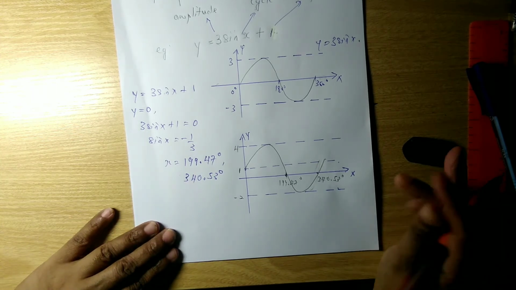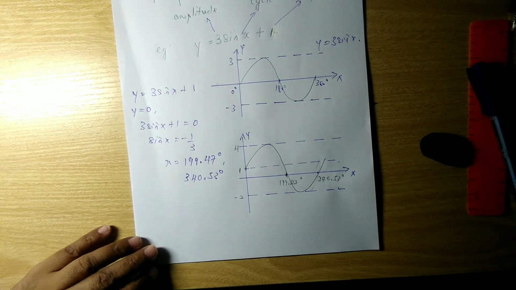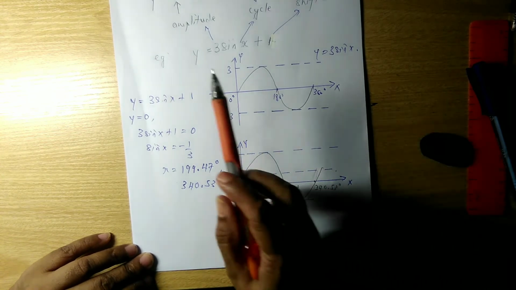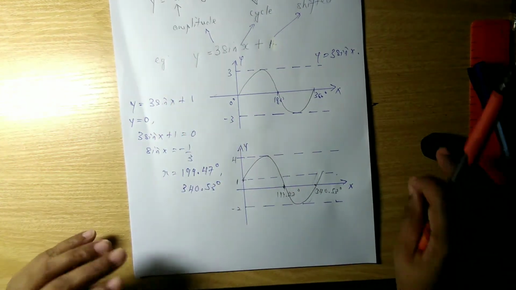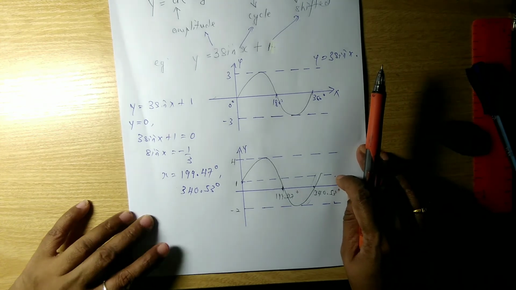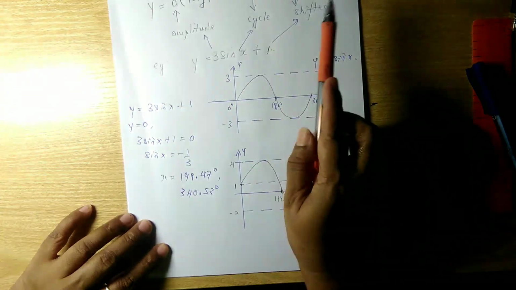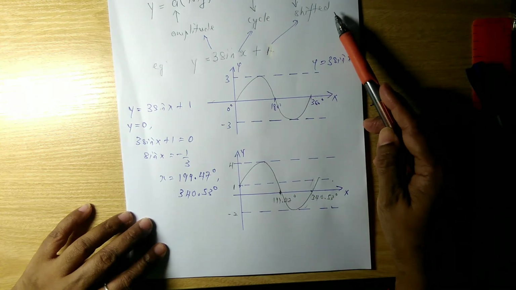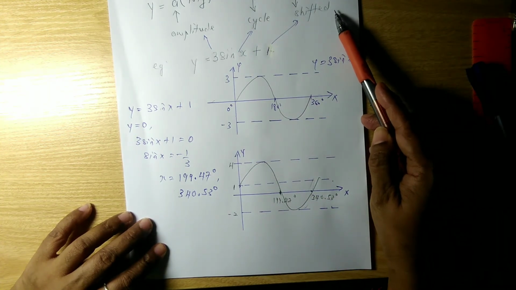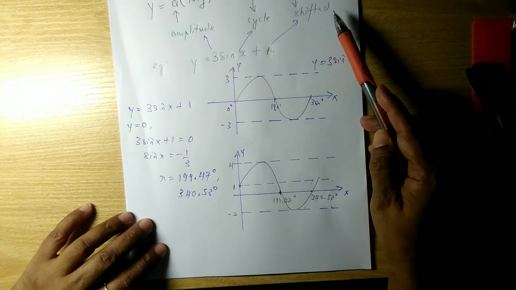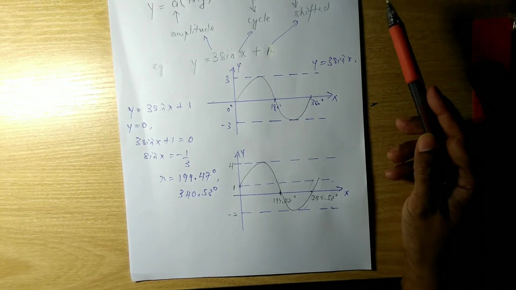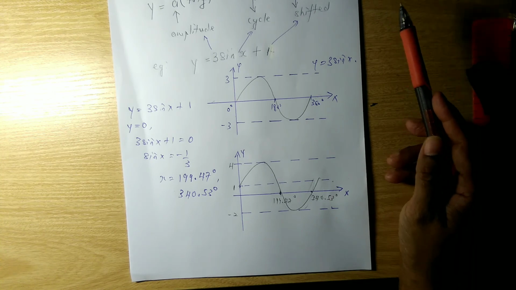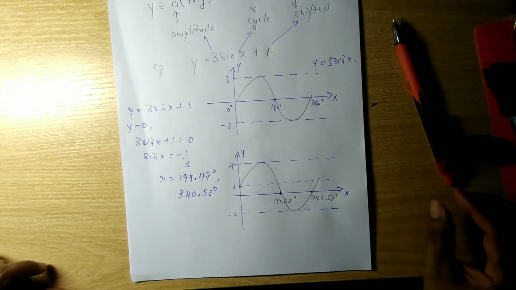This is how we sketch a graph with three values obtained from the function: amplitude, this stands for your cycle, and this is the shift, how many units your graph is shifted from the original value. All right, okay, thank you.